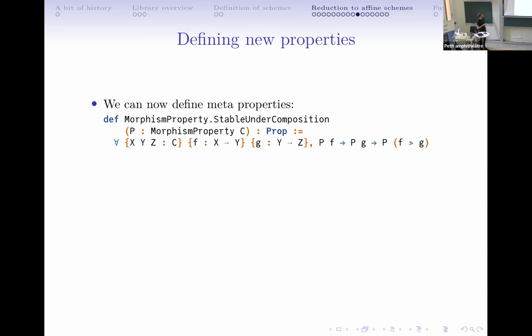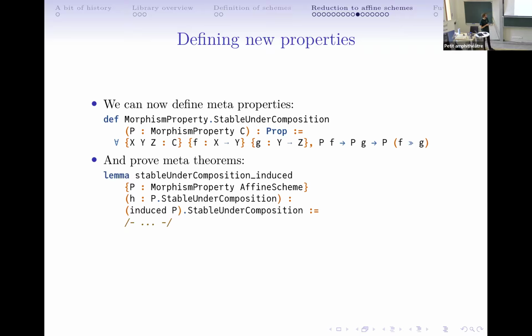whenever f satisfies P and g satisfies P, then also the composition satisfies P. And then we can prove meta theorems about these properties of the form: okay, if my morphism property on affine schemes, so my ring theoretic property, is stable under composition, then my induced property is stable under composition.